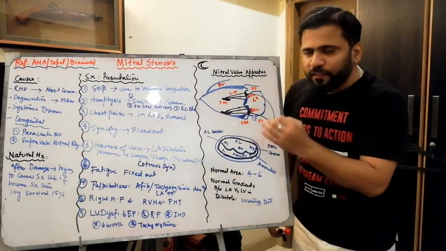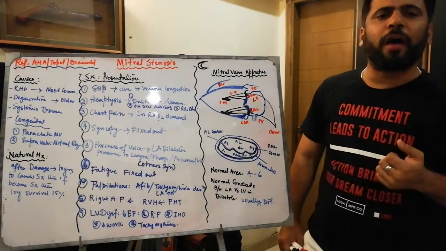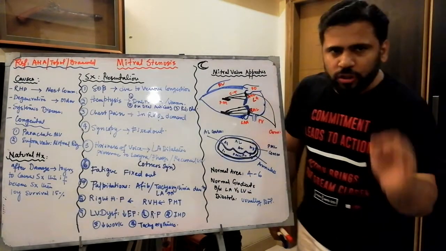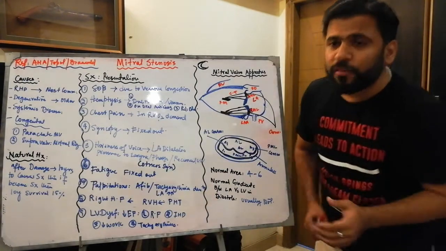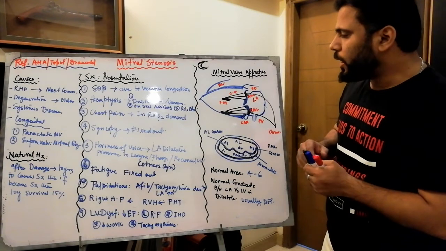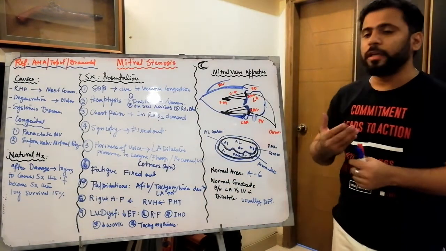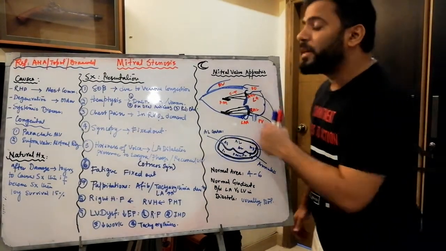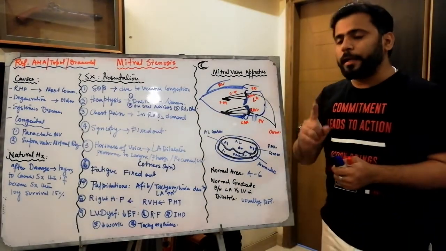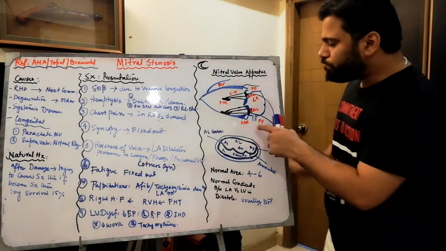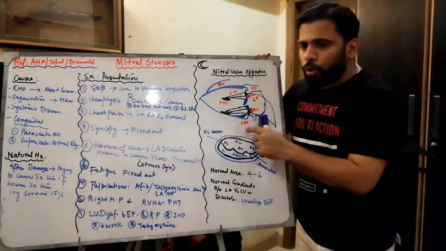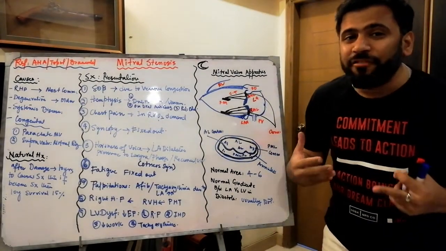So the leaflet attached towards the posterior wall of the LV, or the posterior side of the LA, is the posterior mitral leaflet, and the leaflet towards the anteromedial side of the LA and the LV is the anterior mitral leaflet.